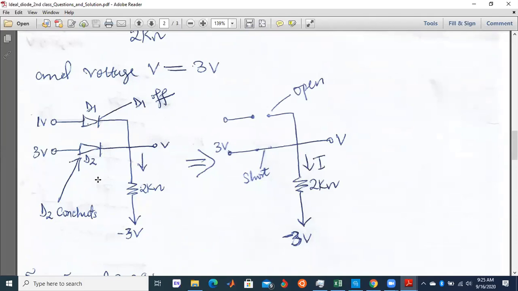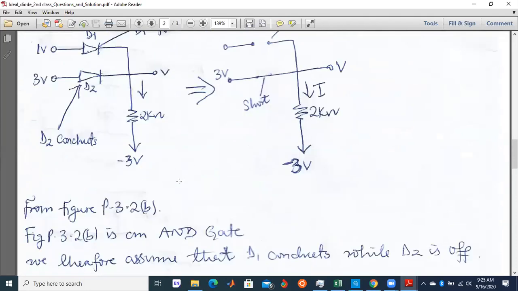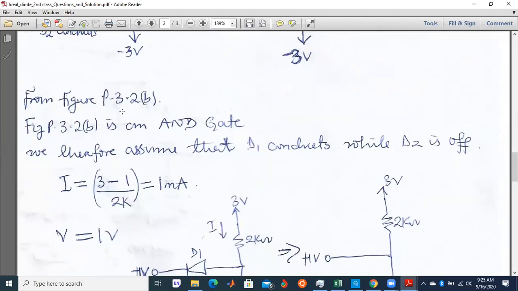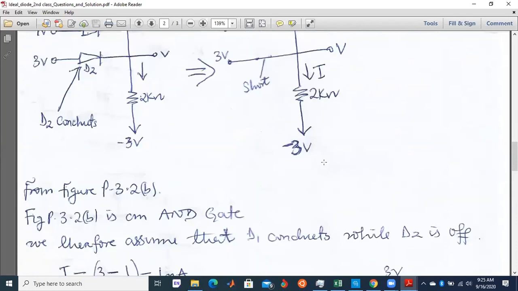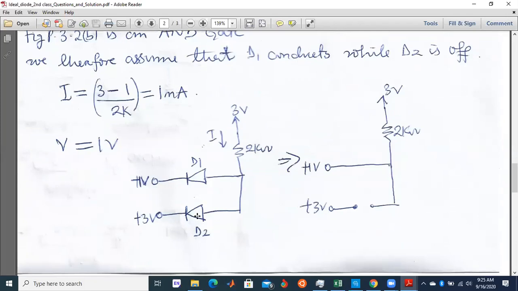D1 off, D2 off. So this is open and this is shorted. Then you can calculate the value of the current and the voltage. The same thing is applicable to figure 3.2b. So we therefore assume this is an AND gate. So we assume that D1 conducts while D2 is off. That is, D1 conducts while D2 is what? Is off.